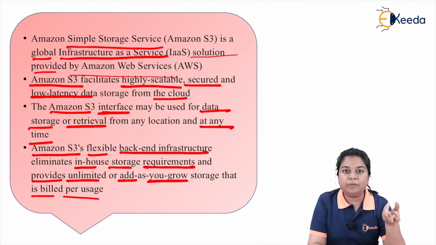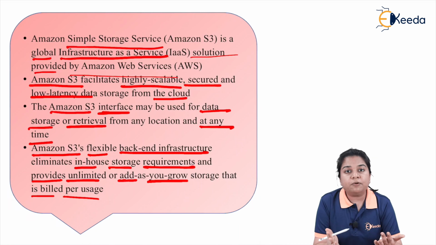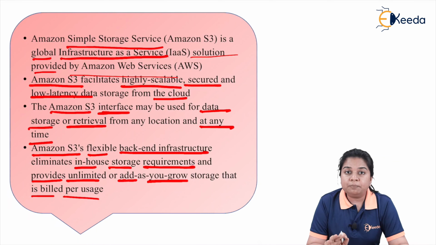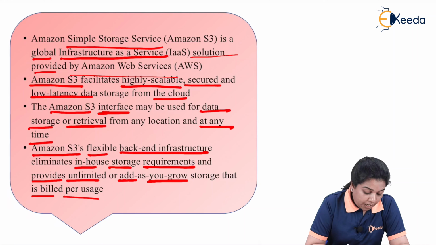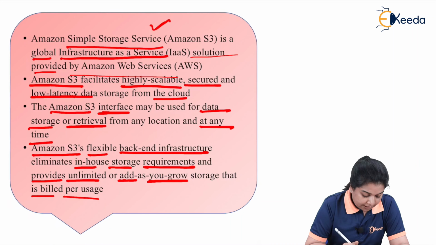That means scalability, elasticity, flexibility should be there, and it is mandatory when we are using cloud services, because people go to cloud services for these features. So this Amazon Simple Storage Service is in the infrastructure as a service layer, and it provides the scalability.